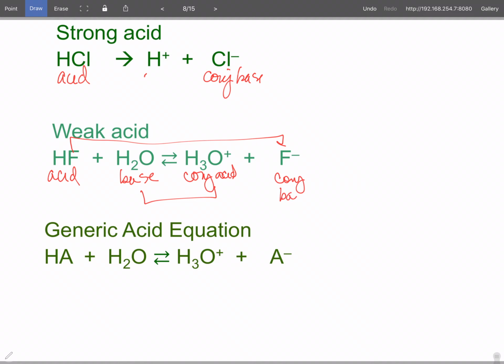And it's real easy to look at it because you know it's a base because it doesn't have any protons, whereas the conjugate acid has an extra proton. So again, we have an acid, we have a base. This one pairs with this one, so this is the conjugate base, because this is what results after it's given up its proton. This one acts as a base, so now this is the conjugate acid.